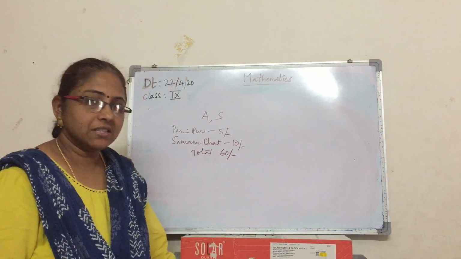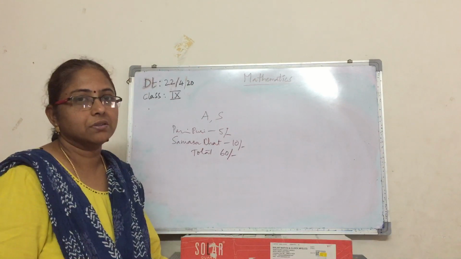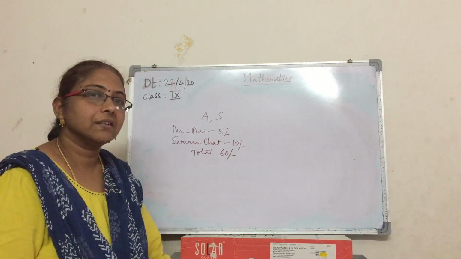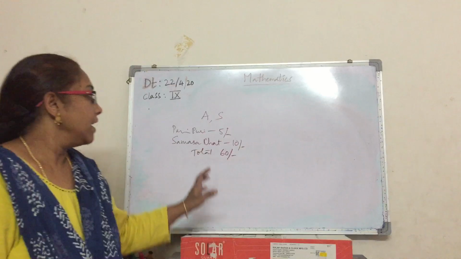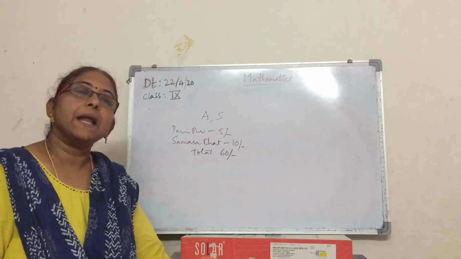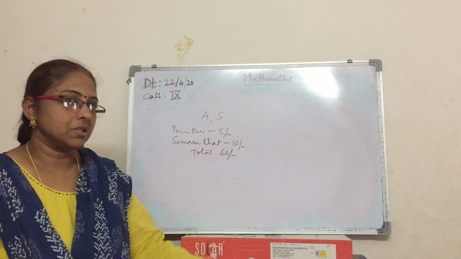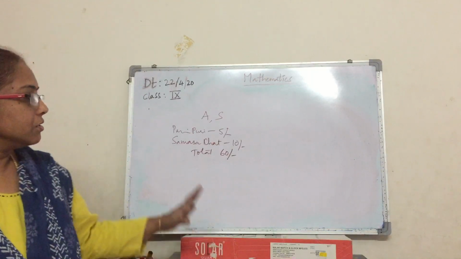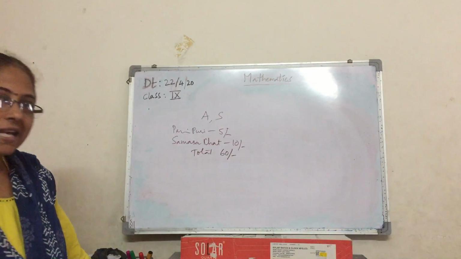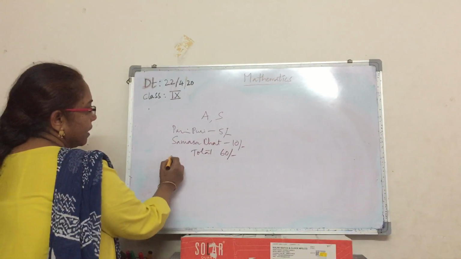Now in these situations, which are the unknown values? Here we don't know how many plates of pani puri they took and how many plates of samosa chaat they took. So those unknown values we have to take as x and y.